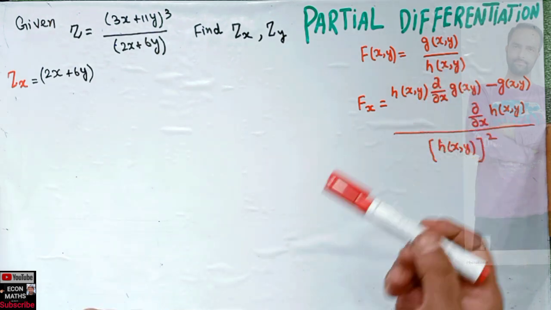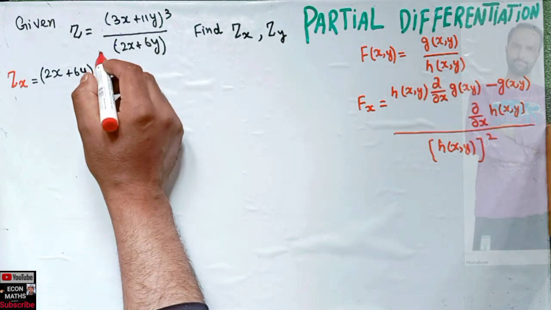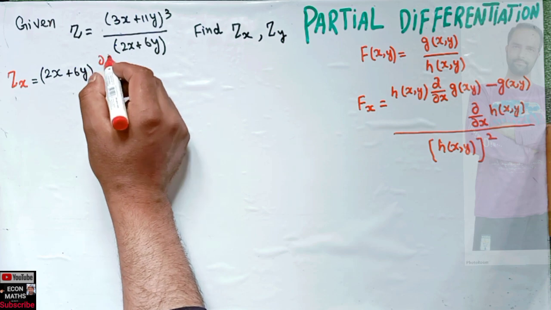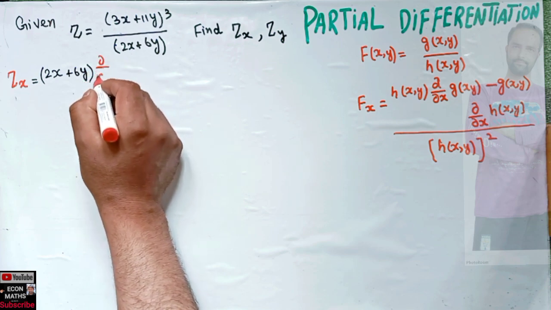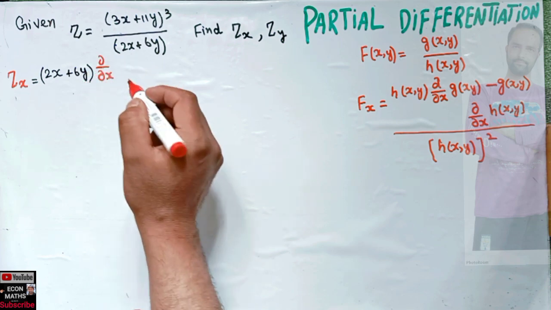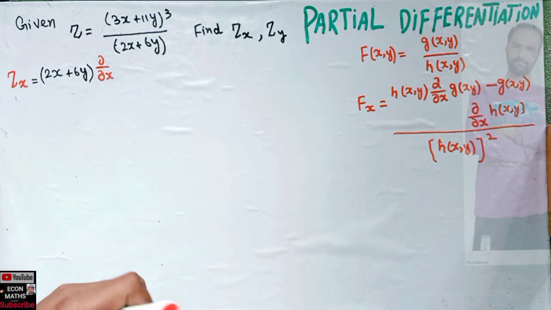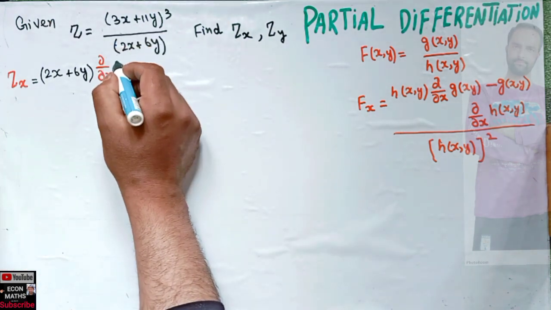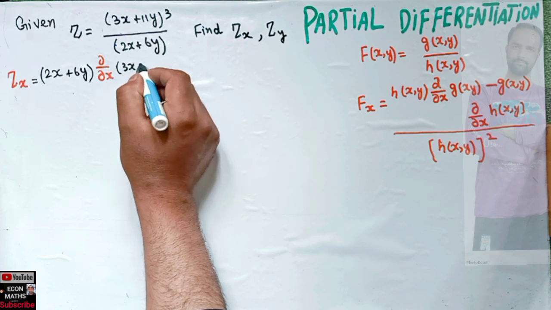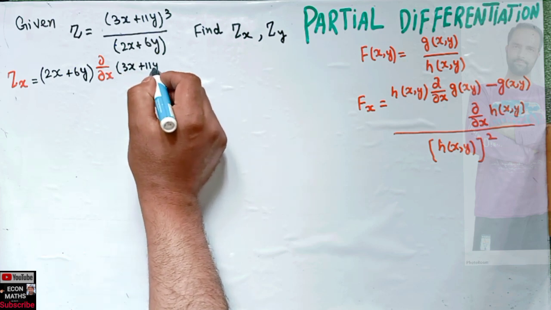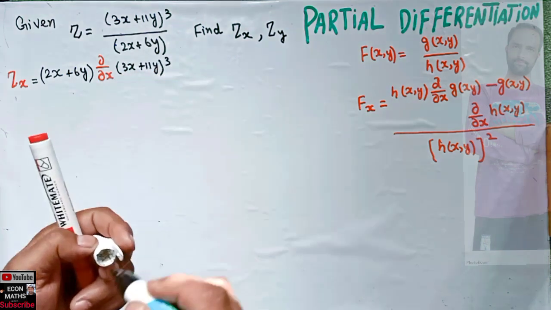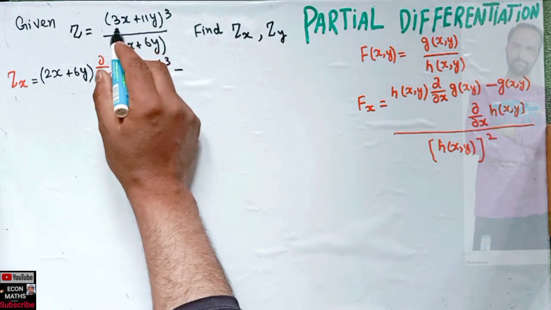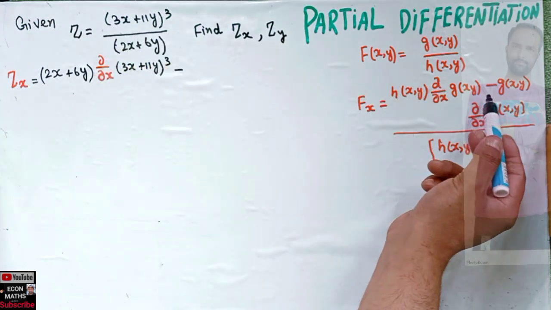First we write this h of x, and then we take the partial derivative d upon dx of this function, that is (3x plus 11y) cube, minus, then we write this gx again.